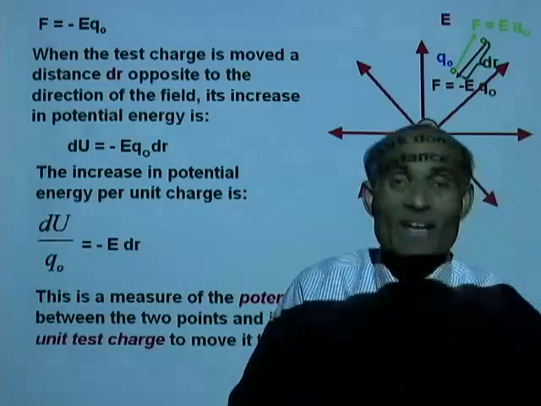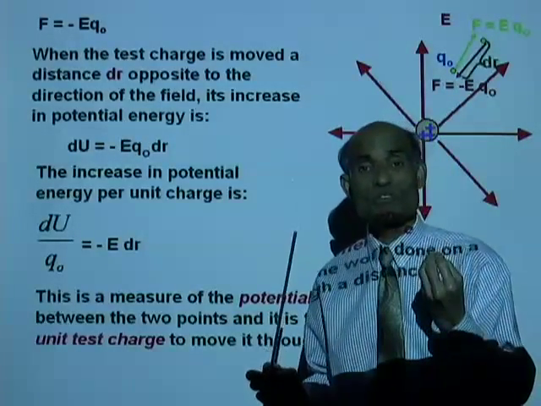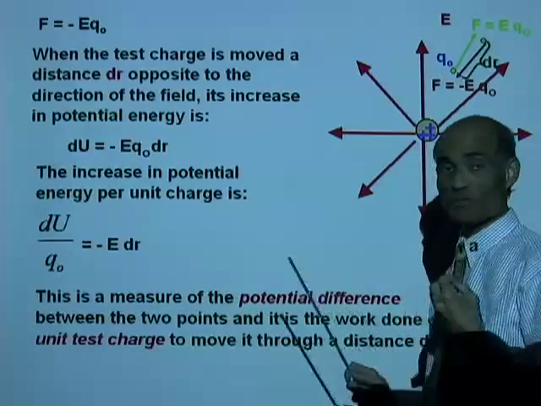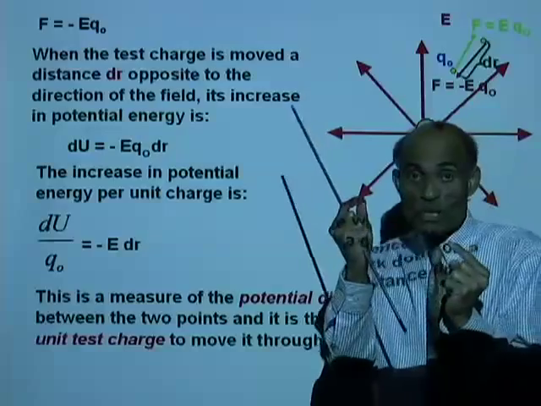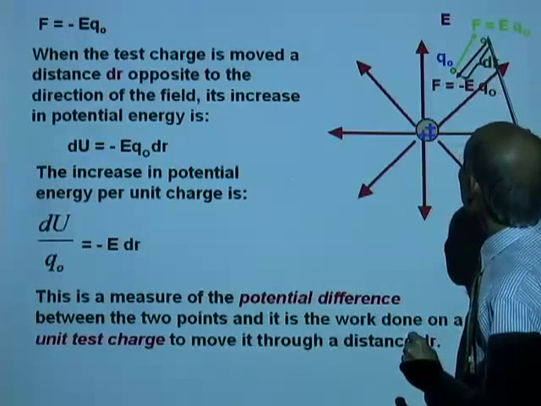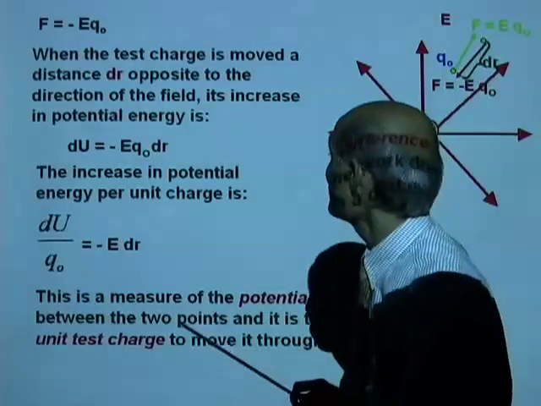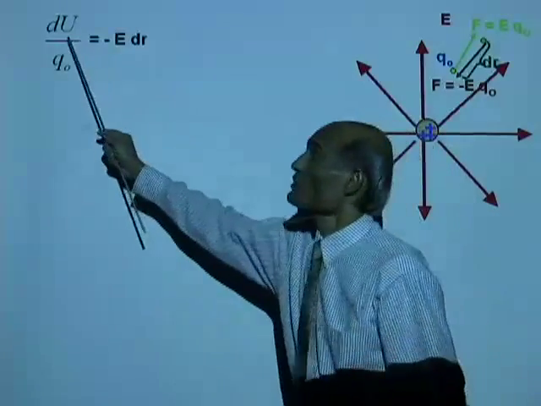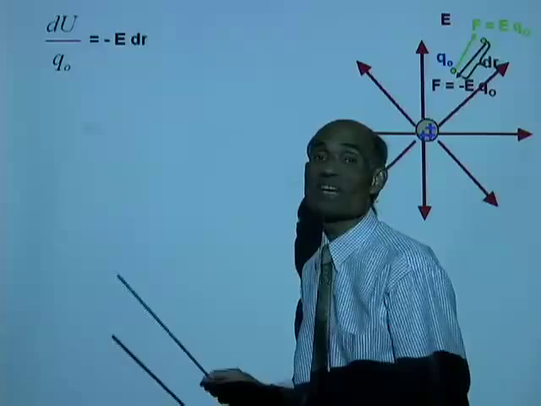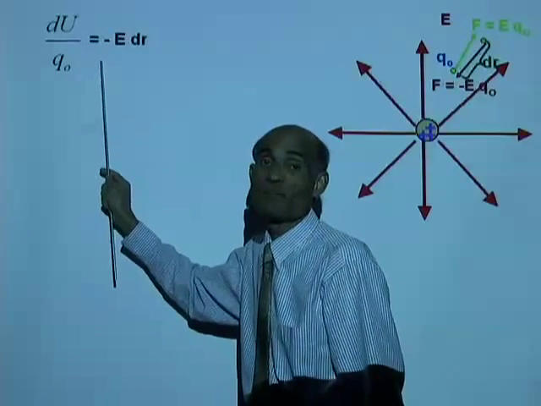In the same way, in an electric field, potential difference between 2 points is a measure of the work done in moving a unit test charge from one point to the other. So we have dU over q0 equal to negative EdR. What does dU over q0 define?